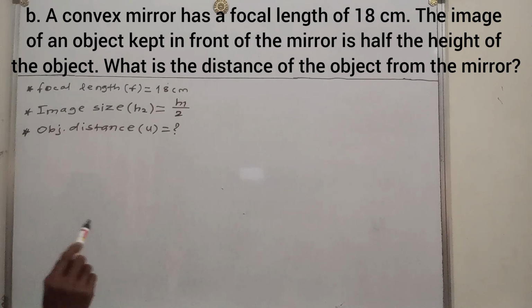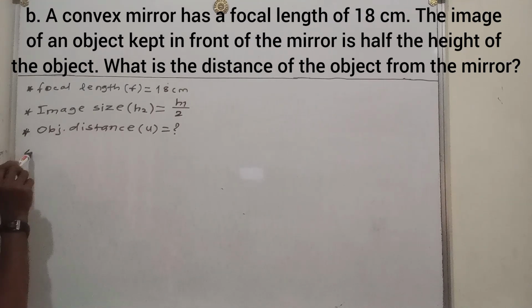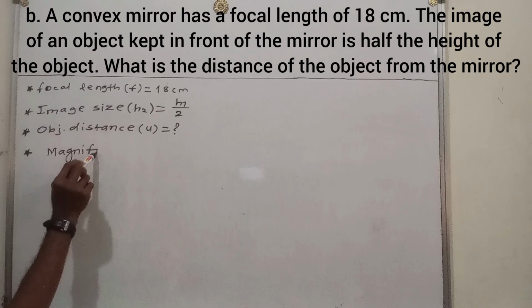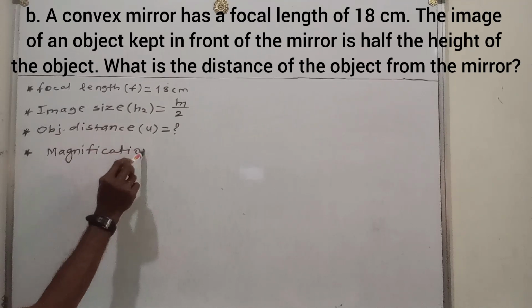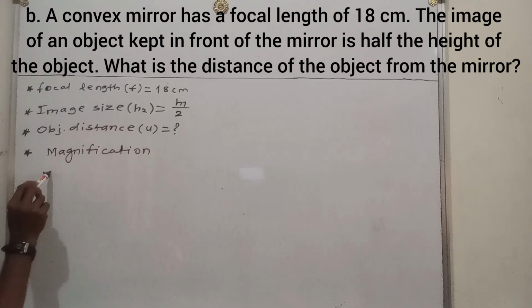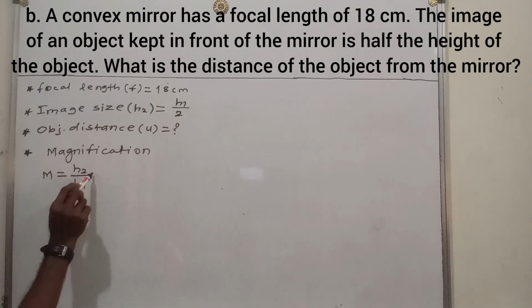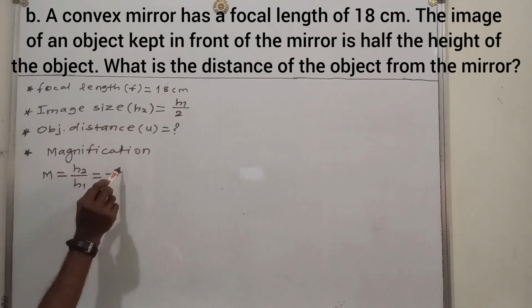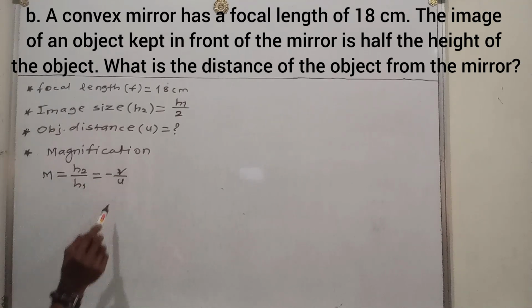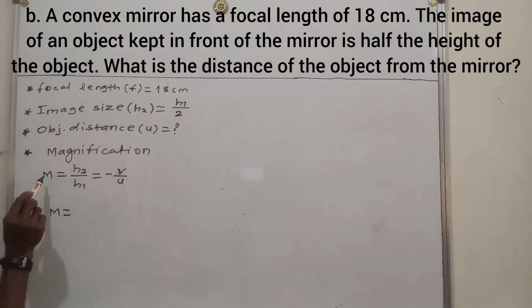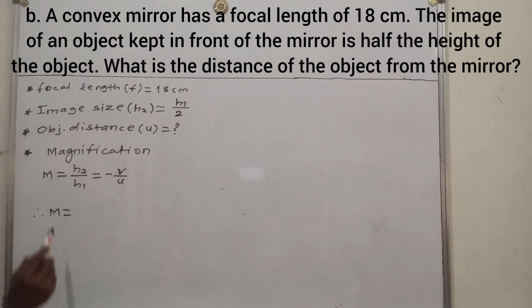Now here first, we apply the formula, that is magnification. m is equal to H2 upon H1 is equal to minus V upon U. This is our formula. Therefore, m is equal to this or m is equal to this.